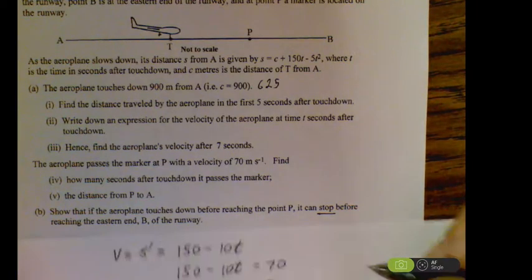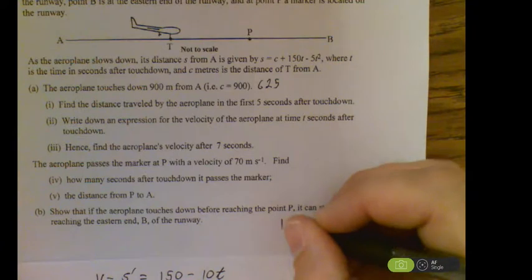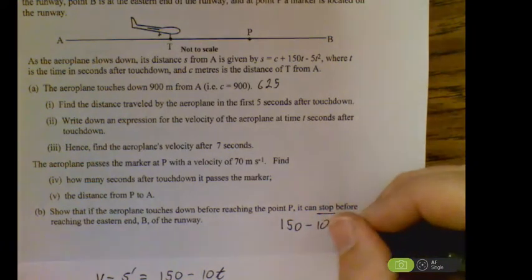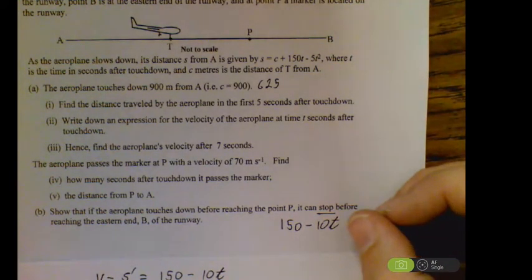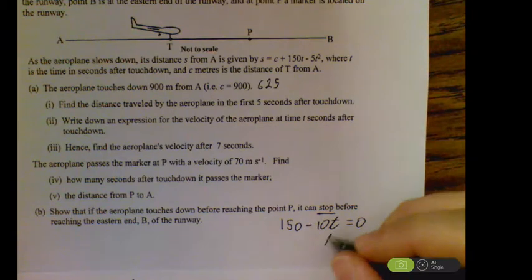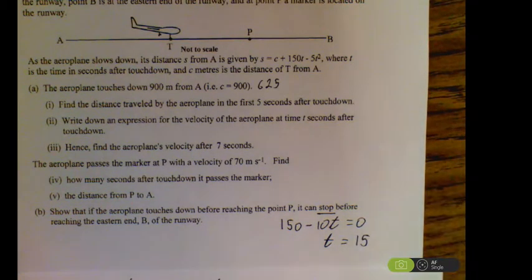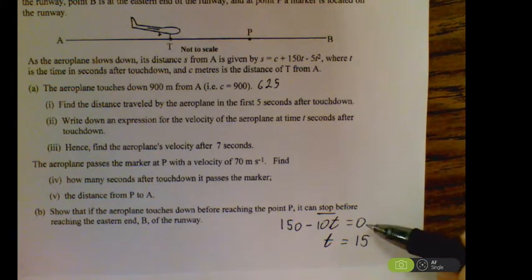So we take our velocity function that we had earlier and set it equal to 0 because it's coming to a stop. If you subtract your 150 and divide by negative 10, that tells you it's going to take 15 seconds to create a 0 velocity, meaning it takes 15 seconds to stop.